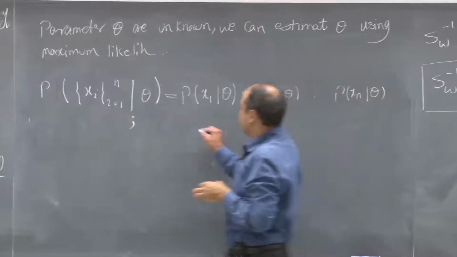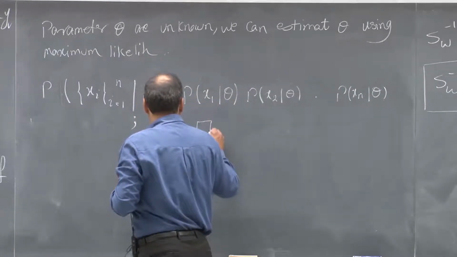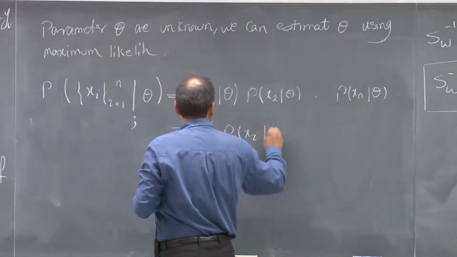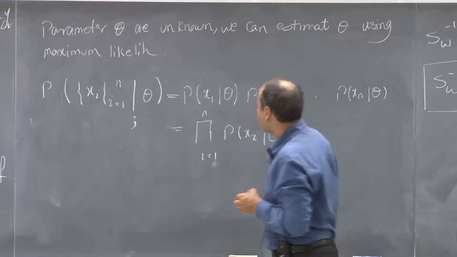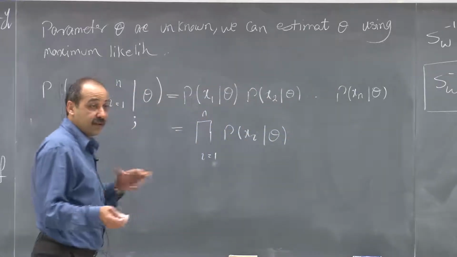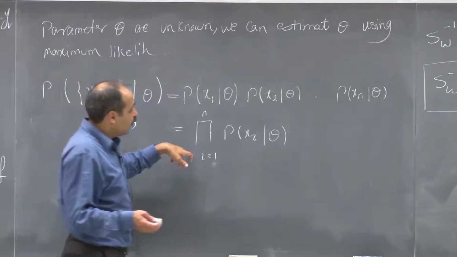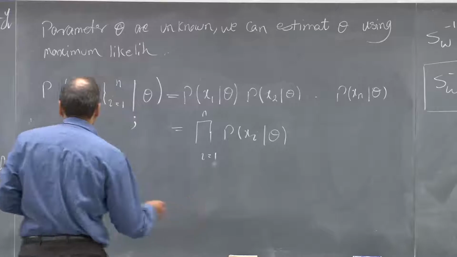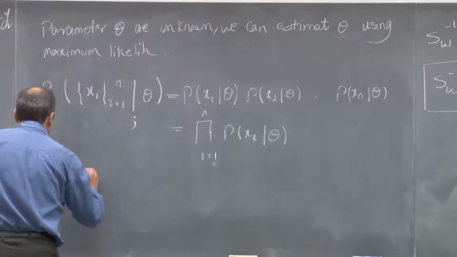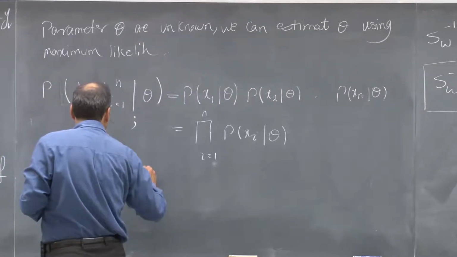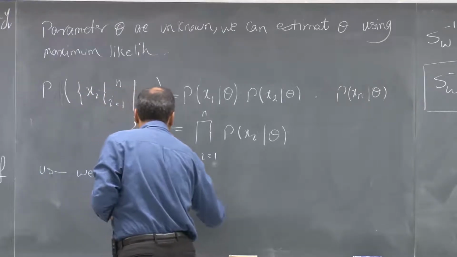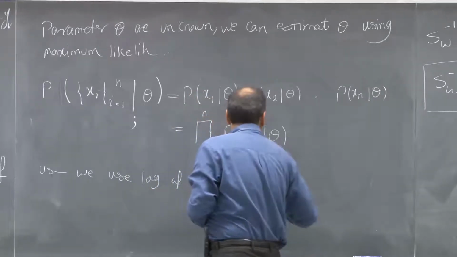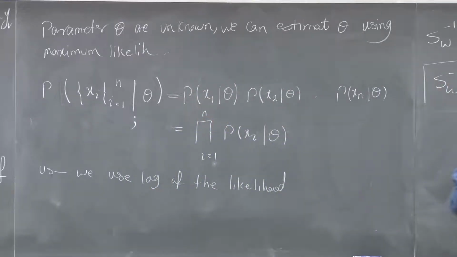So basically, it is the product of p of xi given theta. I have to maximize this and find the theta which maximizes it. Usually, it's easier to work with the log of this likelihood instead of the likelihood.